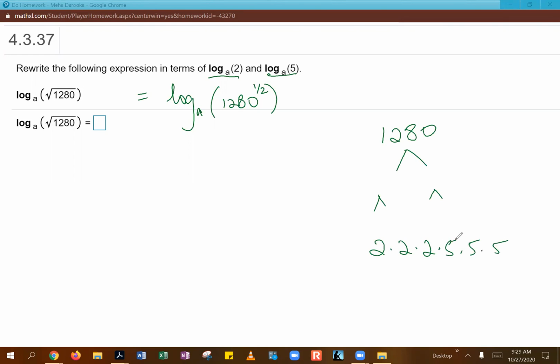So you want to see if you can come up with something like that, and then use that breakdown to help you come up with logs of 2 and 5. So I want you to try this. If you get stuck, I'll definitely help you out, but I want you guys to try working through this example on your own.